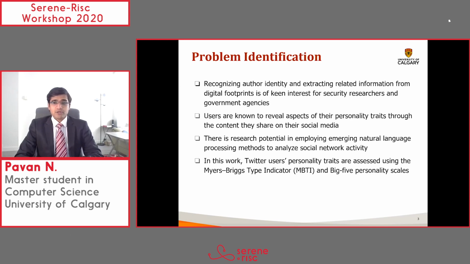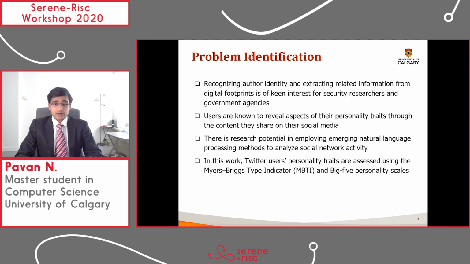So there is emerging research potential to use existing natural language processing techniques to analyze social network activity. And in our work, we are trying to predict the user's personality traits from their Twitter profiles and the text that they reveal through those Twitter profiles across two different dimensions, which is the MBTI, or the Myers-Briggs Type Indicator, and the Big Five personality traits.